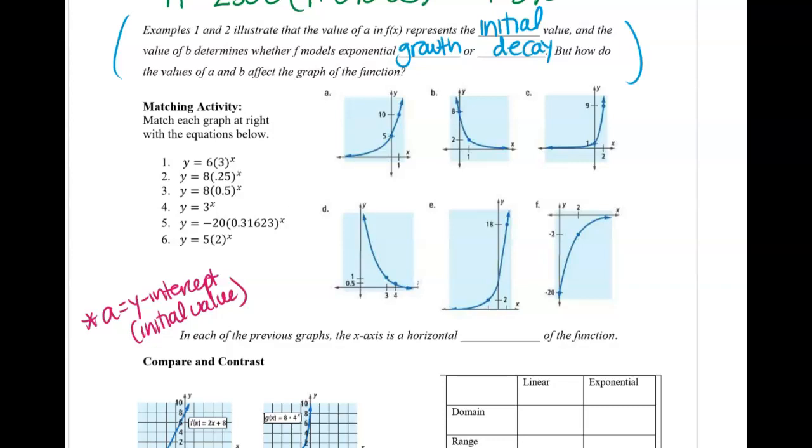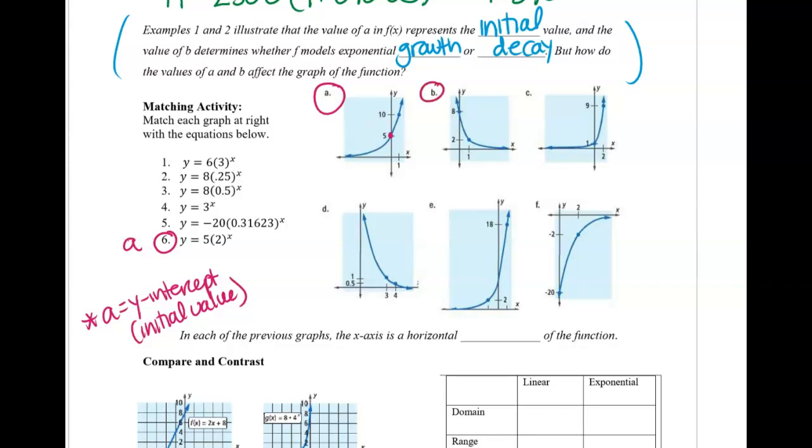So if we look at A here, this should have an initial value of 5 because that's our y-intercept, and it's an exponential growth function. So I'm looking for a 5. The only 5 I see in the A spot is number 6 here, okay? So 6 goes with A. And again, the reason why I can tell this is exponential growth is because 2 is bigger than 1.